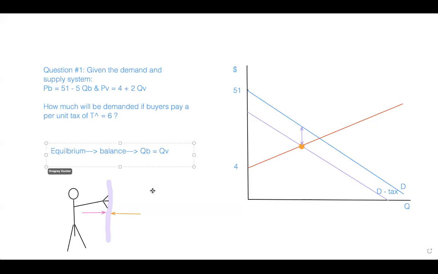But under normal circumstances, in a quote free market where people get to make their own decisions, those prices guide them such that they balance how much they want to buy with how much they want to sell, and then the prices stop adjusting and the quantities are in balance with one another. So our balance really is anchored by this idea that quantity demanded comes into balance with quantity supplied.